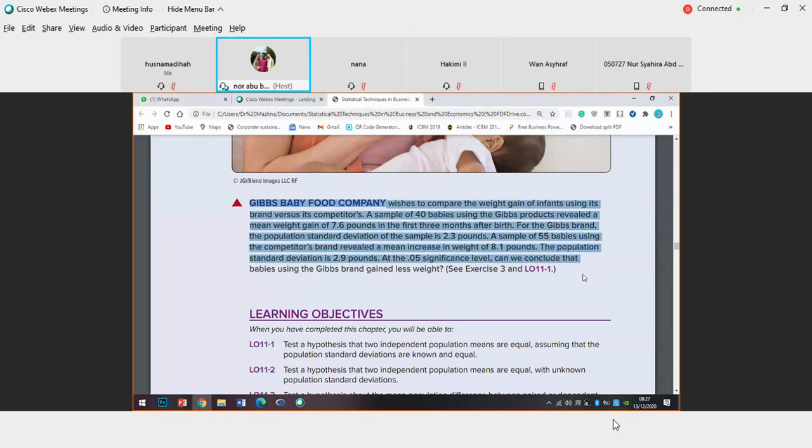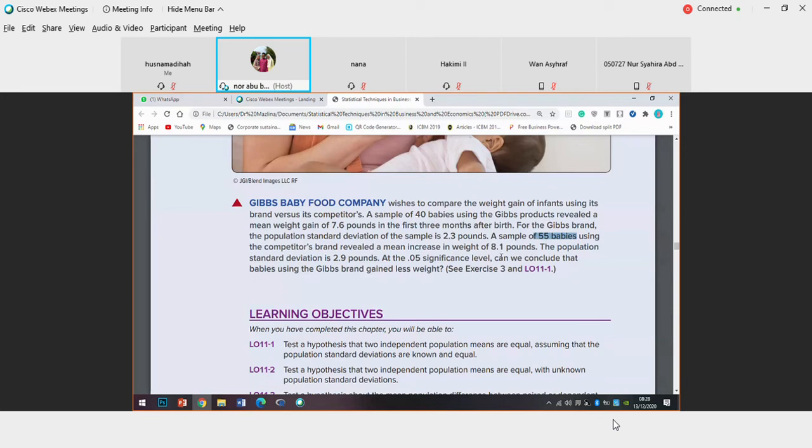Gates Baby Food Company wishes to compare weight gain of infants using its brand versus its competitors. So they took a sample of 40 babies using Gibbs products and also 55 babies using competitors brand.